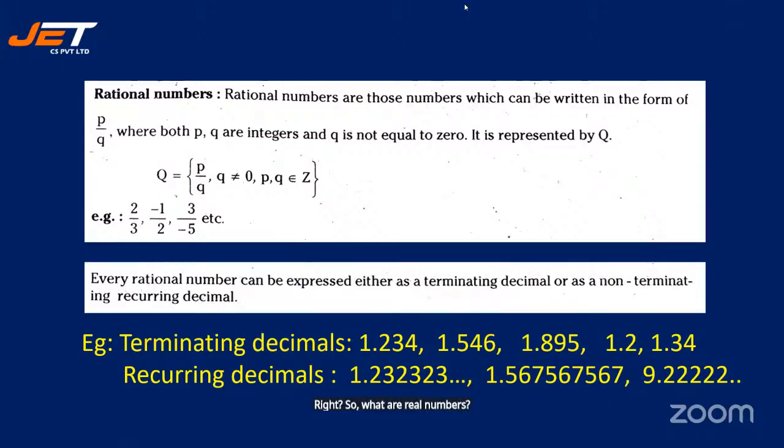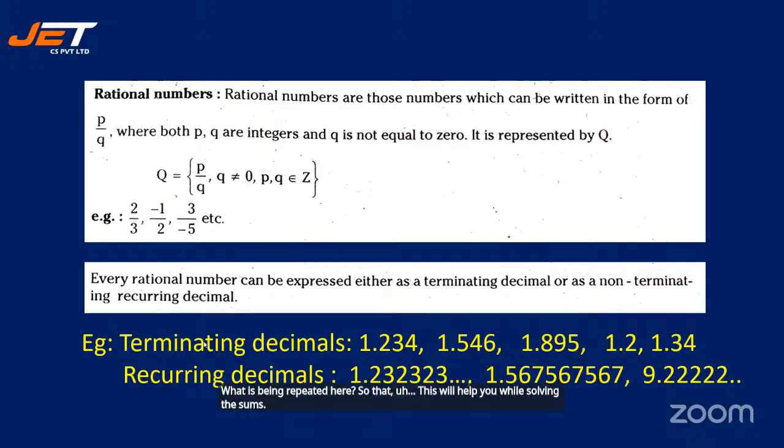In that we have to learn what are rational numbers and irrational numbers, and followed by the rational numbers, we have to see what are terminating decimals and recurring decimals. If you have any doubts, you can quickly note down what is being repeated here so that this will help you while solving the sums.